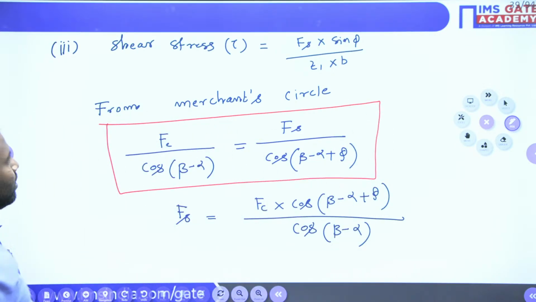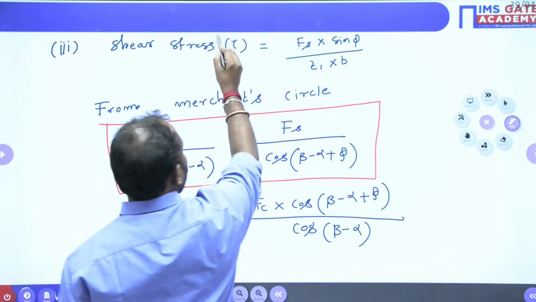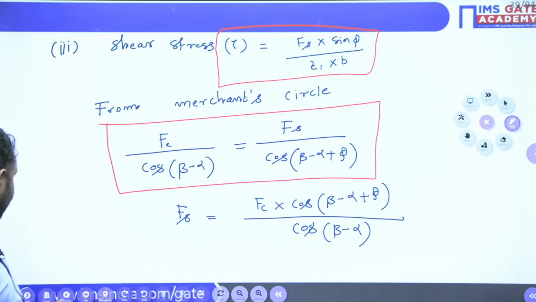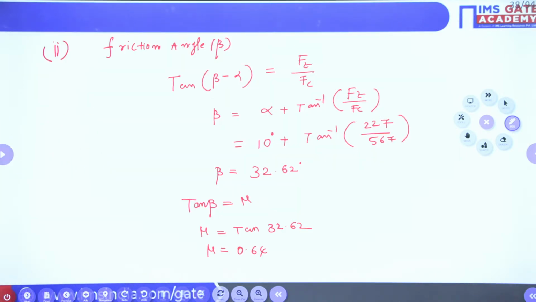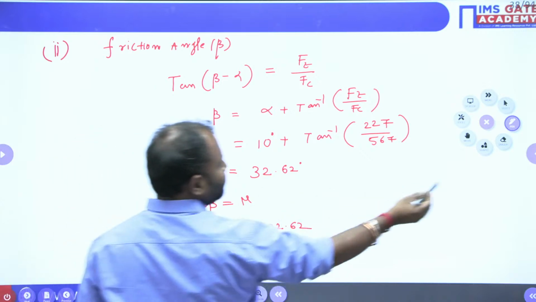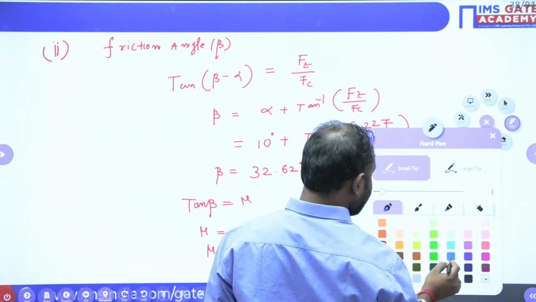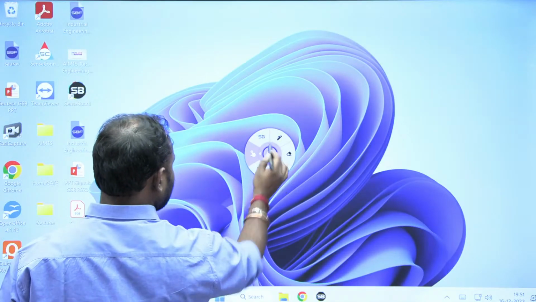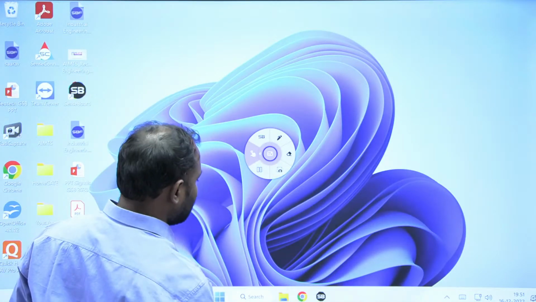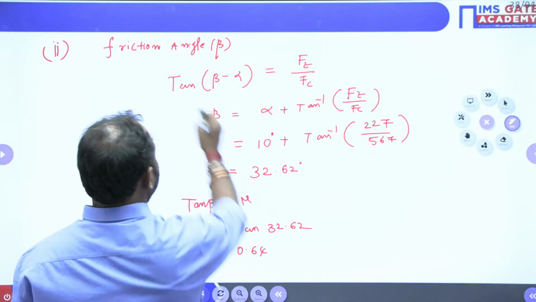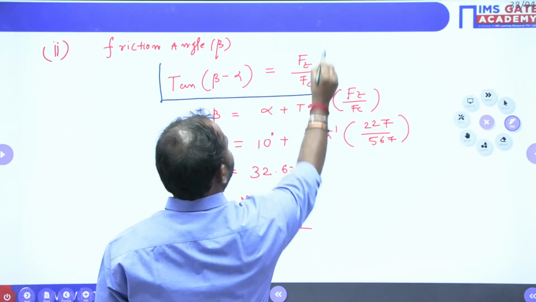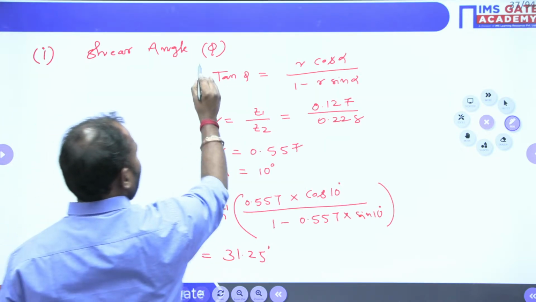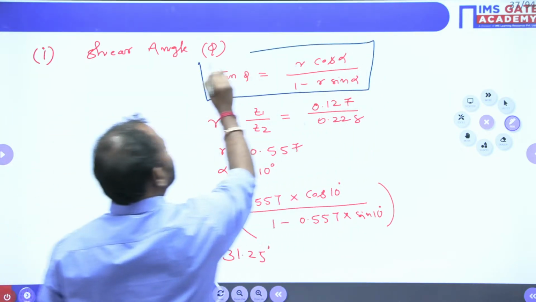This shear stress relation also, and the tan beta relation too. Remembering the relations is the key to solving the questions, right, guys?